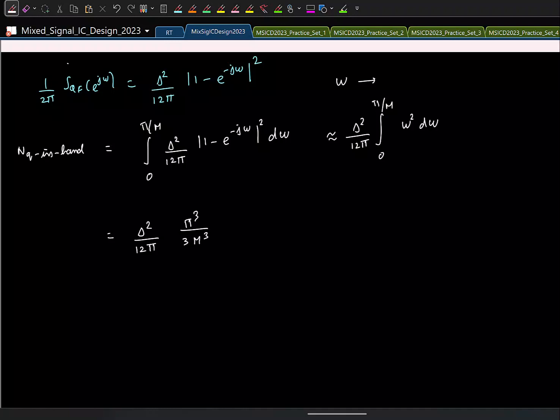Great. So now you see that if you choose, let us say, an M value of 10, this goes down by 1000. Now let us say I have chosen some value of M and I get some SQNR. Now let us say I increase M by 2x. What will happen to my in-band quantization noise power?